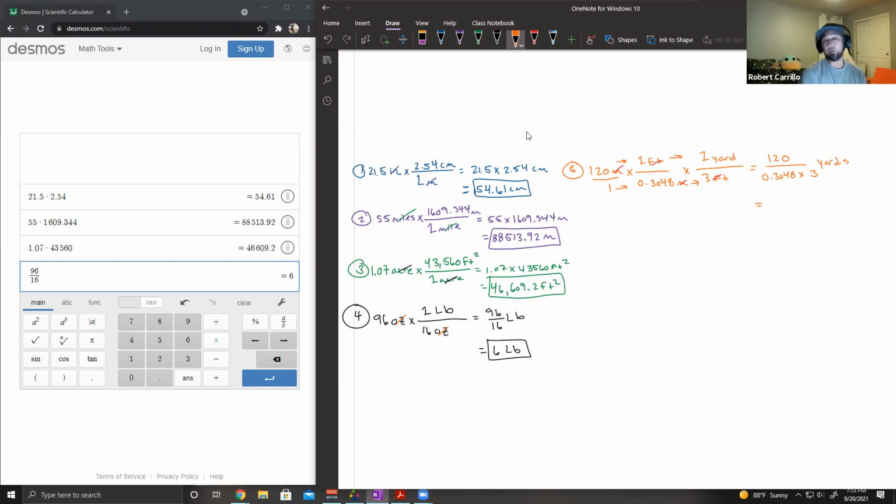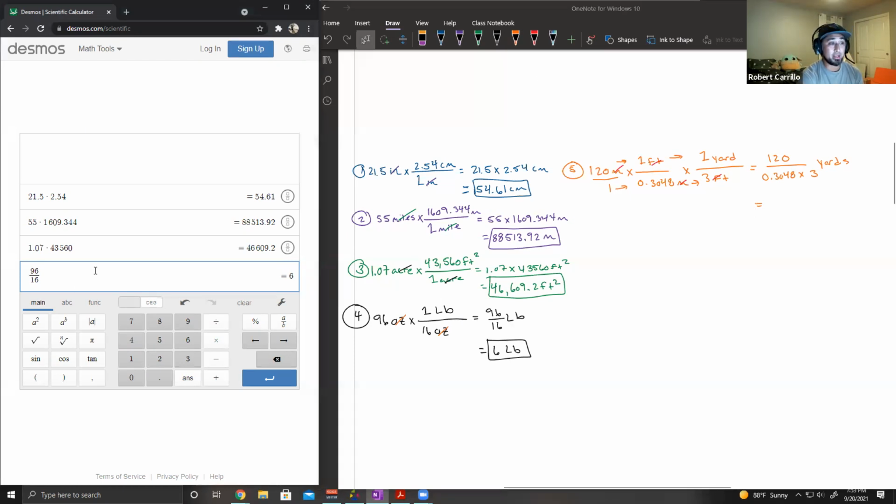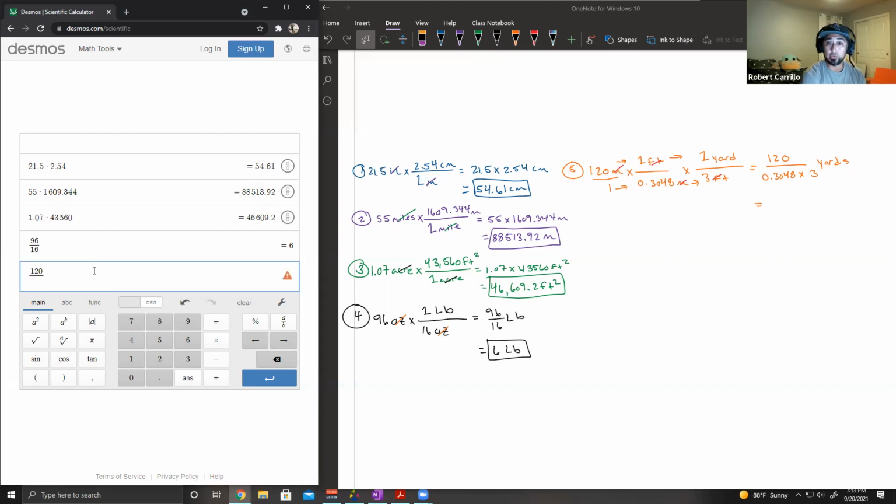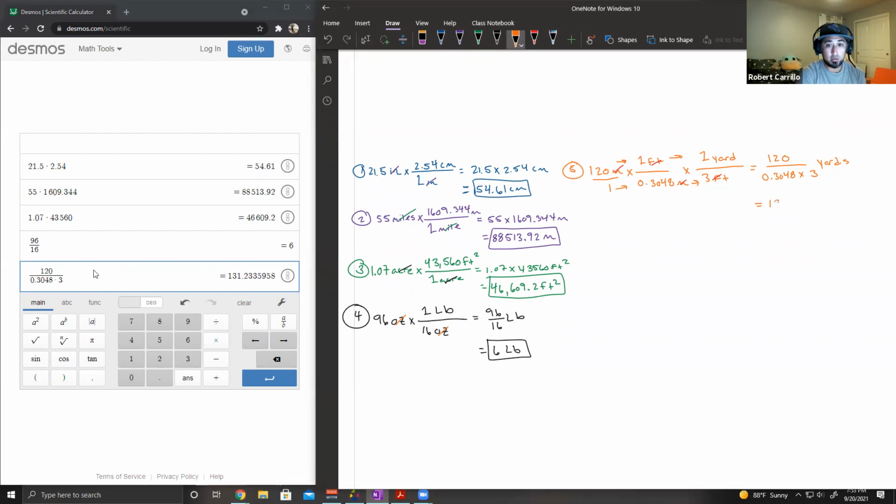If you're using Desmos, you can type it in just like I have it written: 120 over 0.3048 times 3. And we get that 120 meters is equal to 131. We're going to just round to 2 decimal places, 0.23 yards.